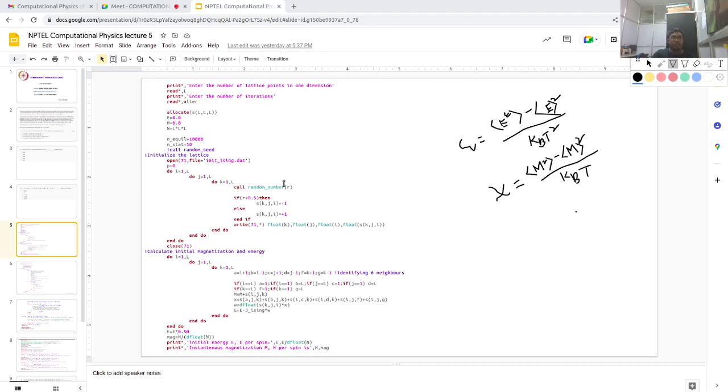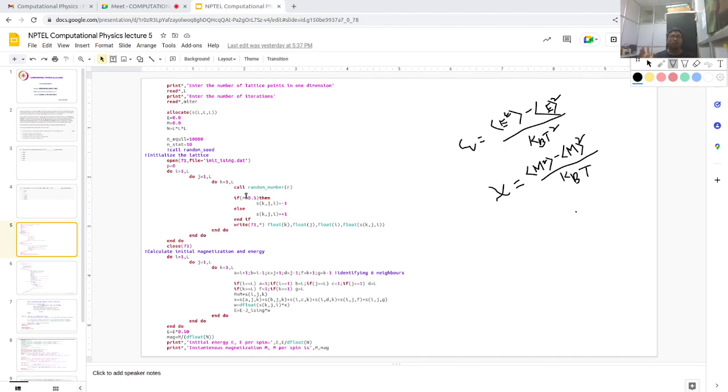by this way. Also, if dE is greater than 0, that means during the spin flip the energy of the system is increased, then I have a probability of taking or accessing that microstate with a probability of exponential minus dE by T. Okay, so let's say you have a particular system, and you are starting that particular system at two different temperatures.